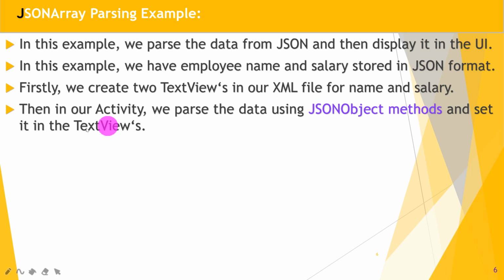So in our activity, we parse the data using JSON object methods and set it in the text views. Guys, we will see all this part using Android Studio. Before that, we will see what the code part is in the MainActivity.java. So, the code part in the MainActivity.java.